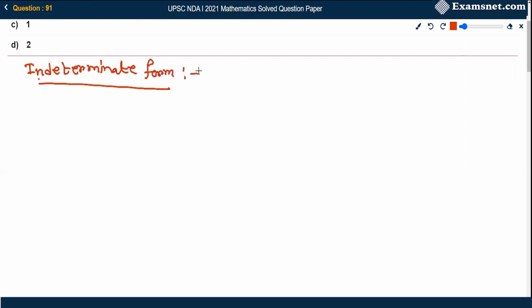Any expression whose value cannot be defined, like 0 by 0, plus minus infinity by infinity, 0 to the power 0, infinity to the power 0, or 0 to the power infinity, etc. These all forms are addressed as indeterminate form. Now we will learn about L'Hospital rule.